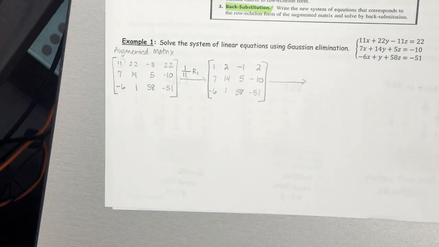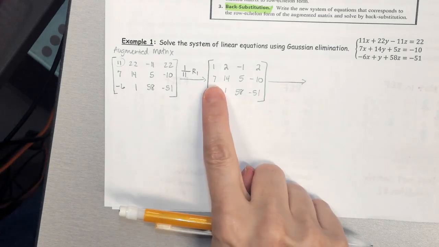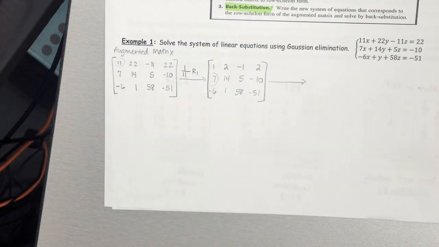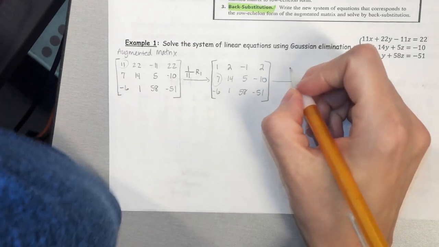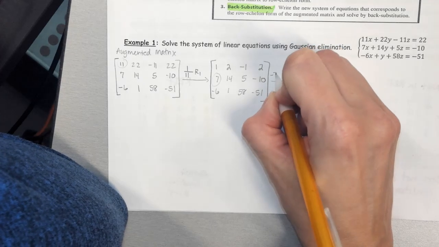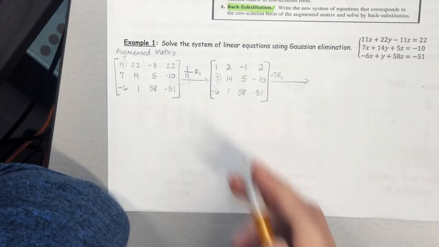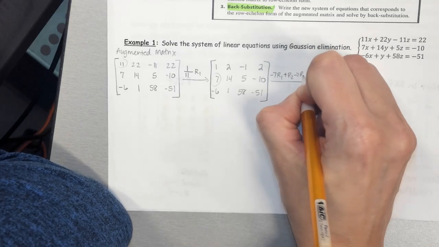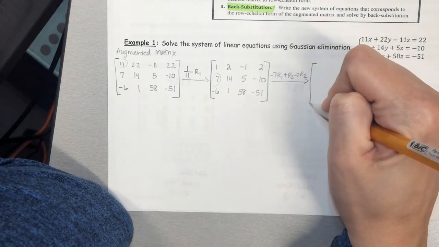Okay, so for row 2, we want this to be a 0 now, okay? So if we want that to be a 0, all we have to do is multiply by the opposite. So the opposite of 7 is negative 7. So we'll multiply row 1 by negative 7, add it to row 2, and that can be our new row 2.